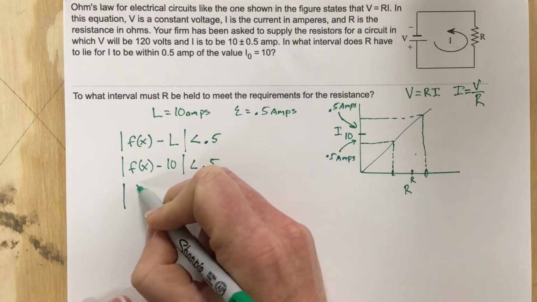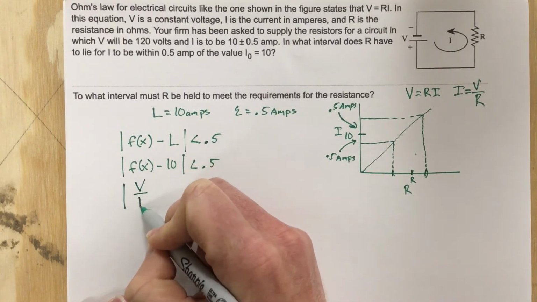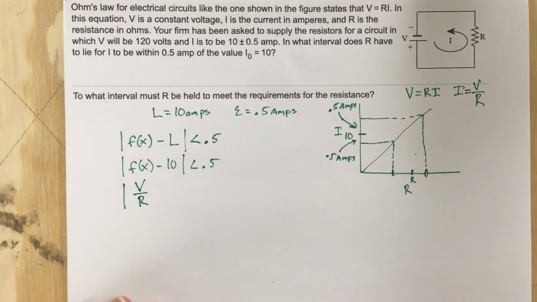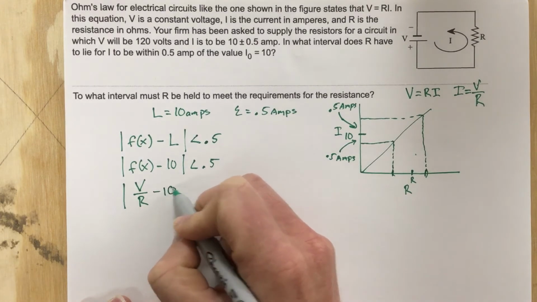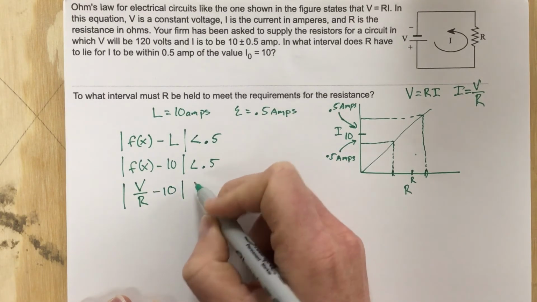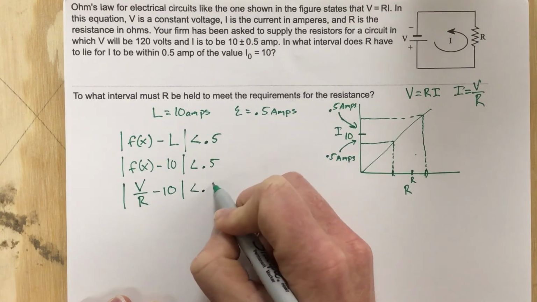So we have the absolute value of V over R minus 10 is less than 0.5.